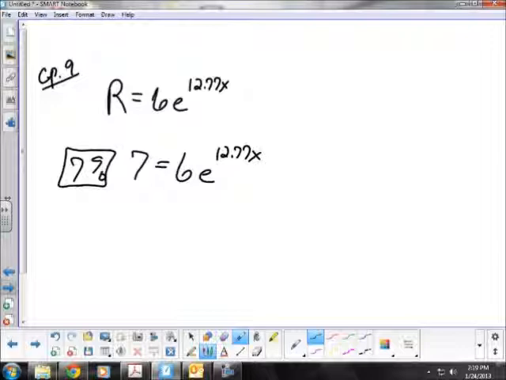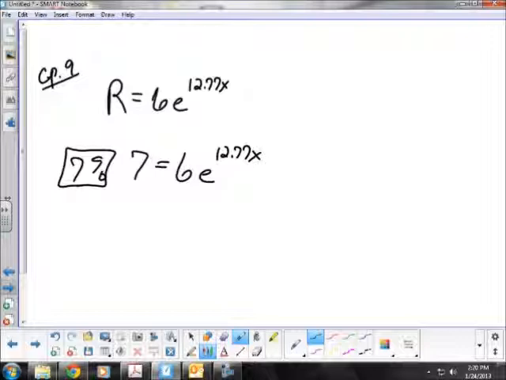Okay? Normally, if I have a percent, I do have to put it in as a 0.0 unless they've given me the formula written that way. And it'll tell you. Okay? Are we good?